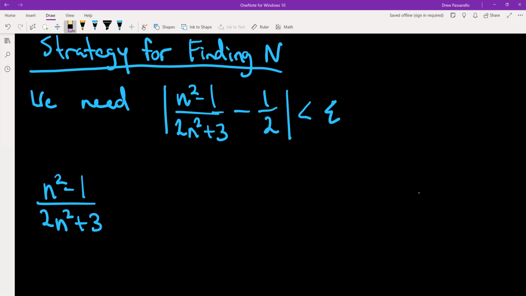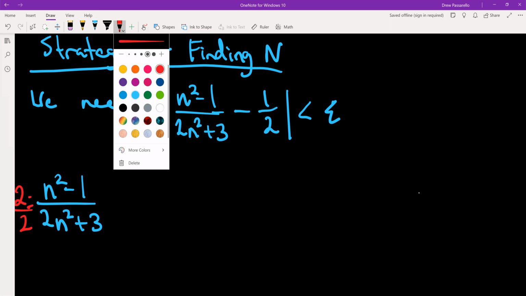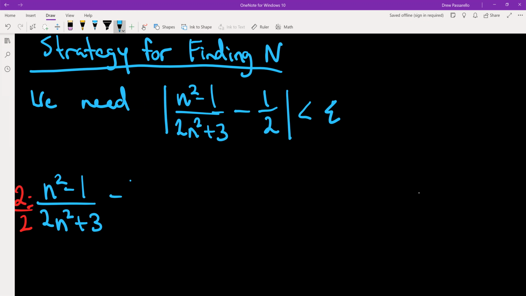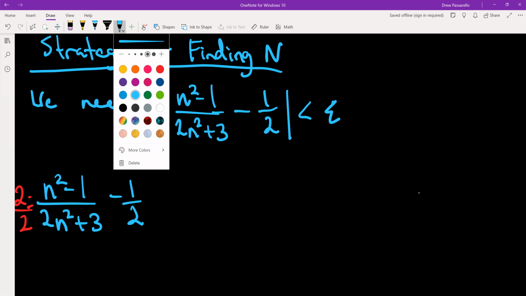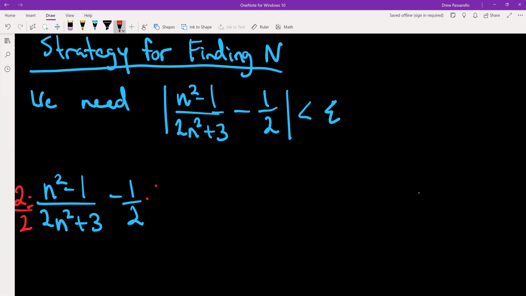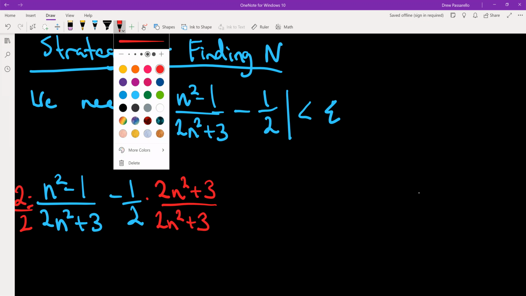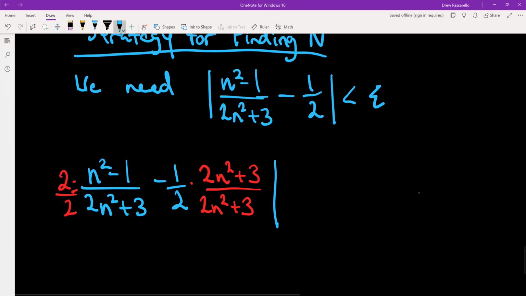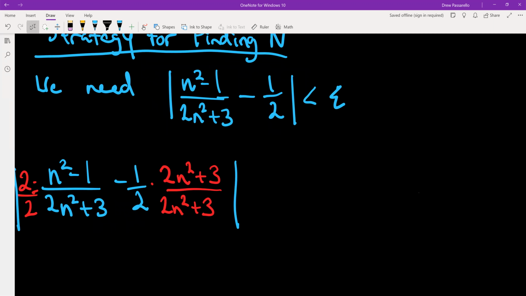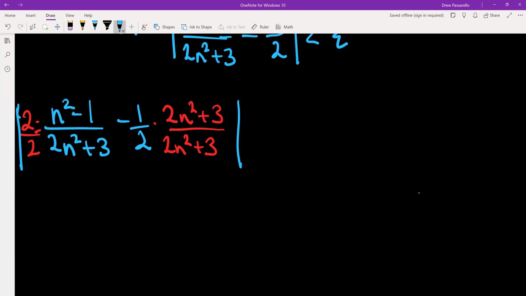And let's see. So the n squared minus 1 over 2n squared plus 3, I'm going to multiply that top and bottom by 2. And then the 1/2, I'm going to multiply that top and bottom by 2n squared plus 3. All right, so what does that give us?